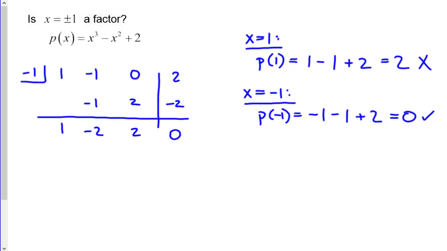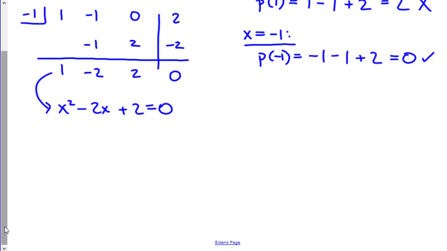All right, so this is the remaining quadratic, x squared minus 2x plus 2 equals 0, which is one that we won't factor, but I'll just use completing the square here. So if I take negative 2 divided by 2, that's negative 1. Squaring it, I get positive 1.